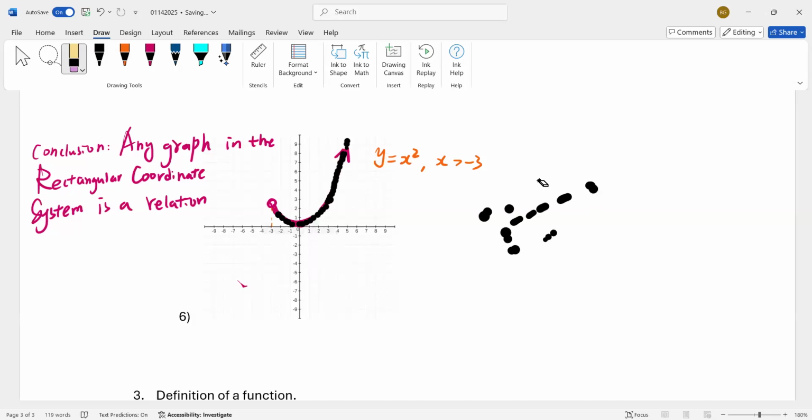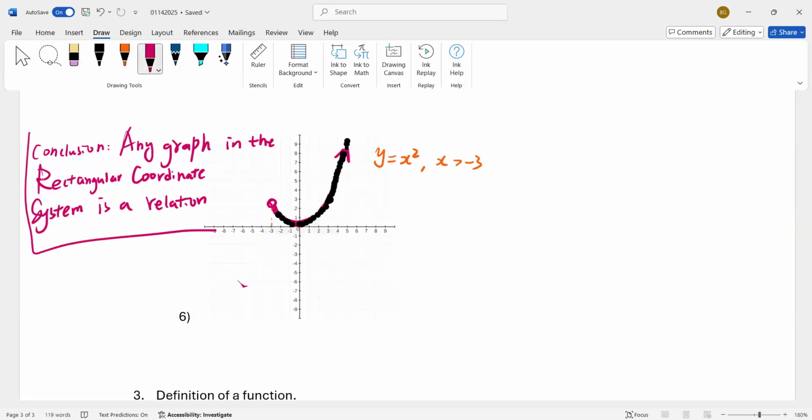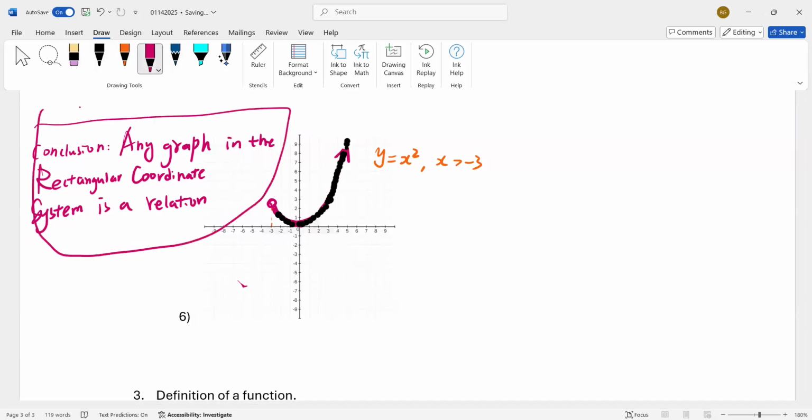Please let me know, is that clear, guys? Yes, clear, that makes sense. Okay, perfect. Very good. Include this conclusion in your notes. Box it. All right, so do not worry about how I write the relation as a set of ordered pairs.